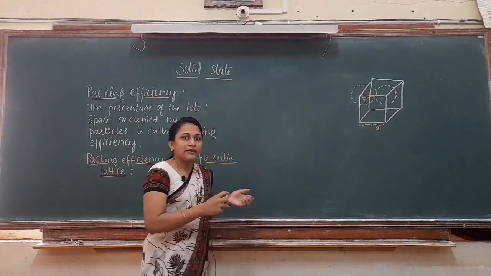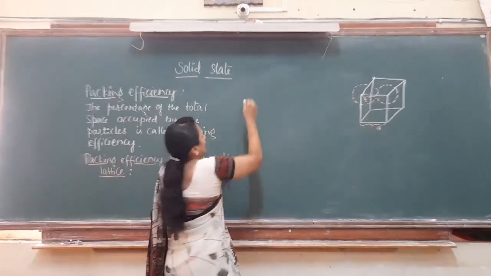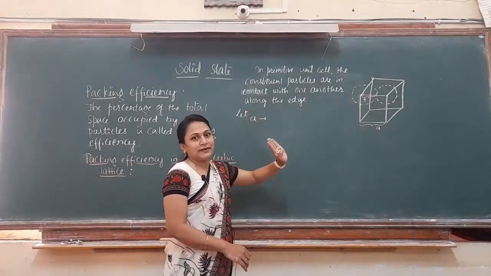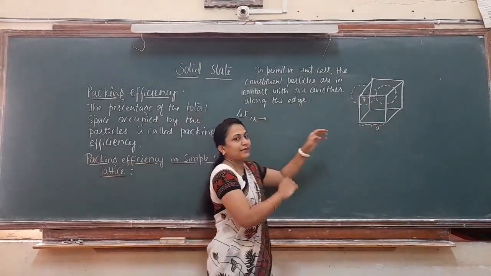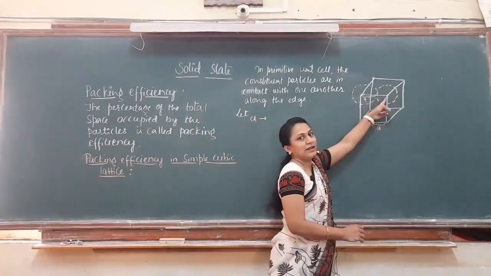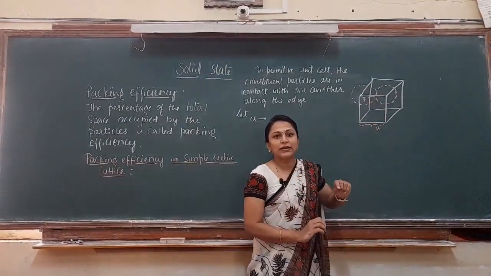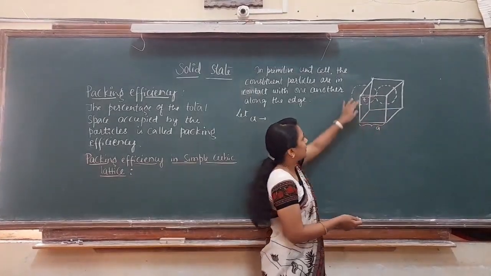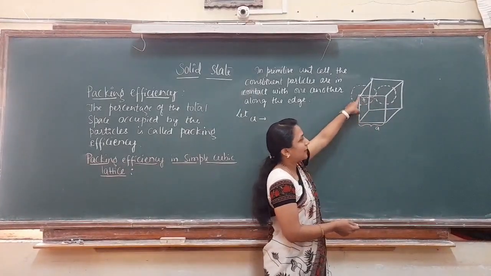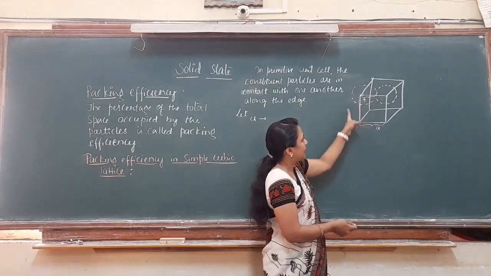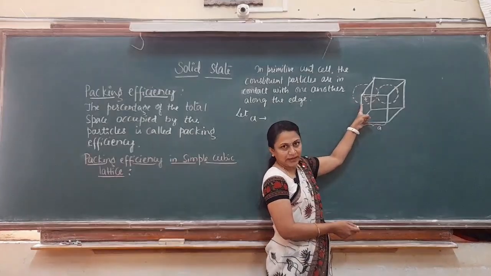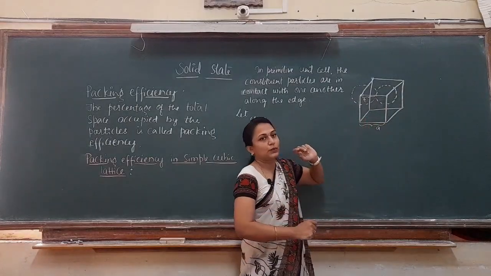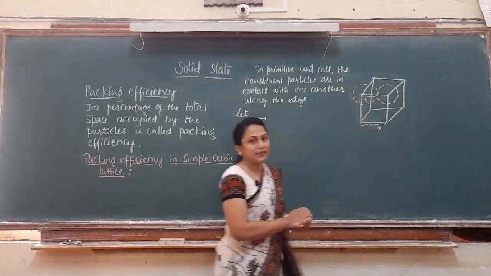Now, in the primitive unit cell, the constituent particles are in contact with one another along the edge length. Here I have considered only two spheres, one particle here and one more particle here, in contact along the edge length.